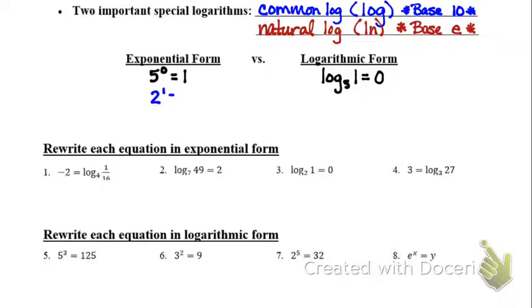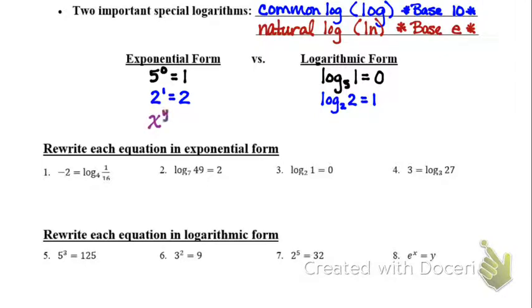Or if I had something like 2 to the first power, 2 to the first power is what? 2. So if I take that and I write it in its logarithmic form, that would be log base 2 of 2 equals 1. Let's get one more example written down here.